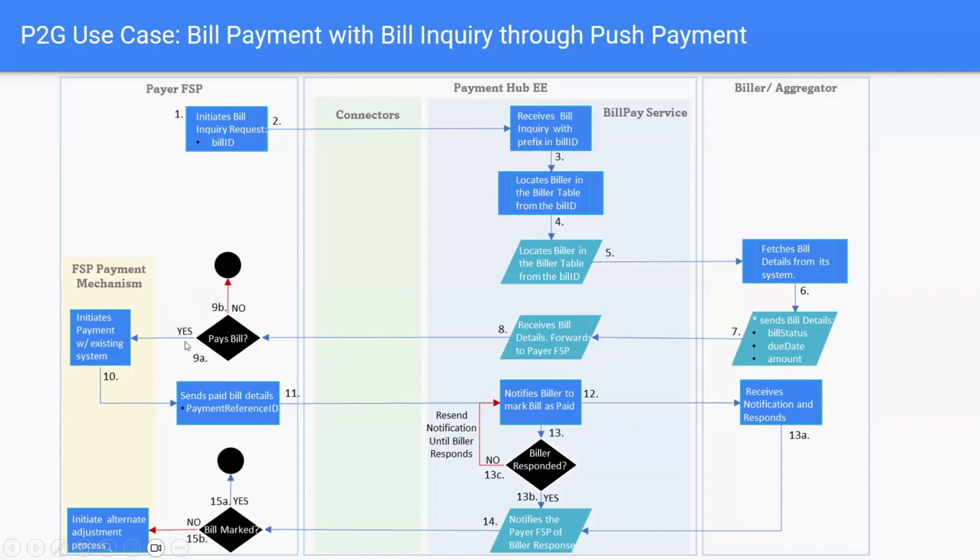However, if the person decides to pay the bill, then the payer FSP and its user follow their own external path. They initiate the payment with their existing payment system, and the payment is made.